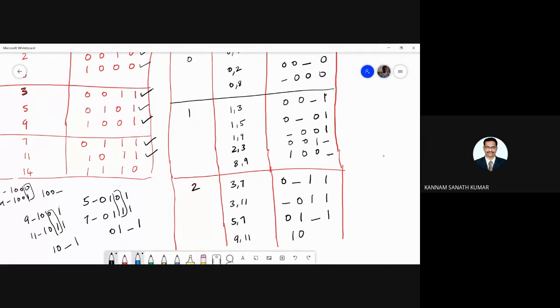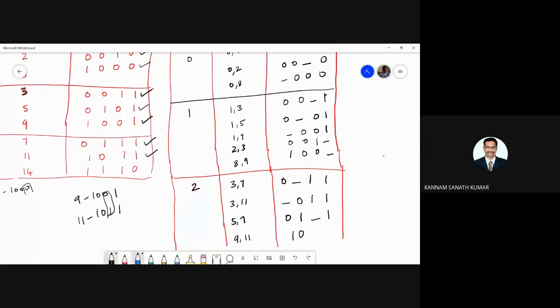9 comma 11. So 9 is 1001 and 11 is 1011.